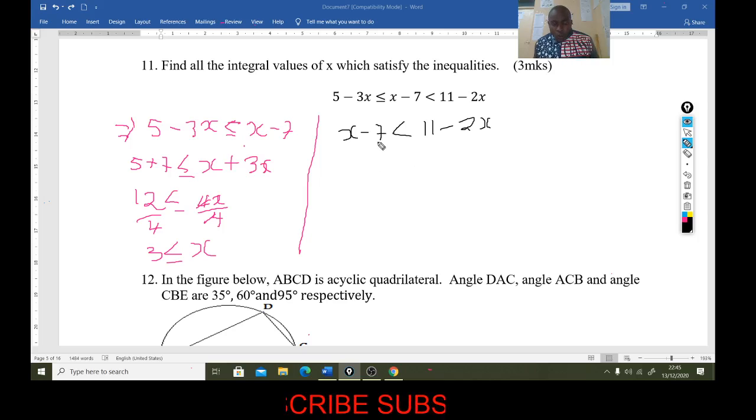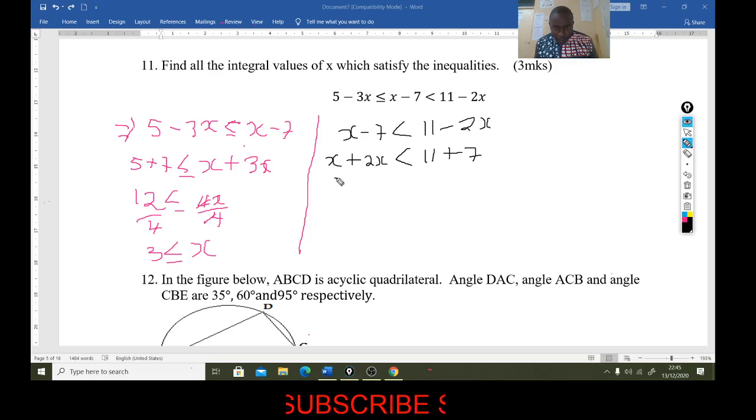Now what we do, I've said the x now comes this side and the number goes the other side. So it will be x plus 2x is just less than 11. I bring 7 to the other side, it becomes plus 7.